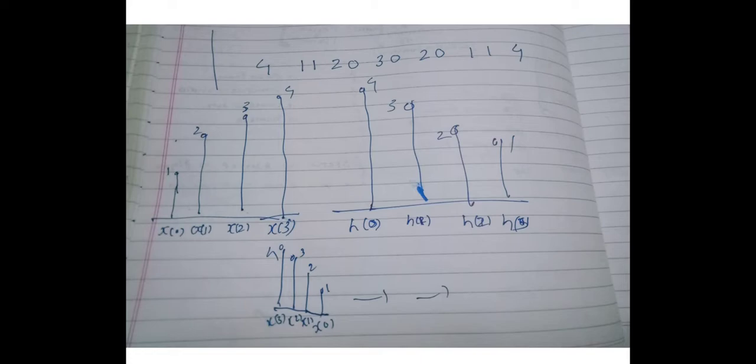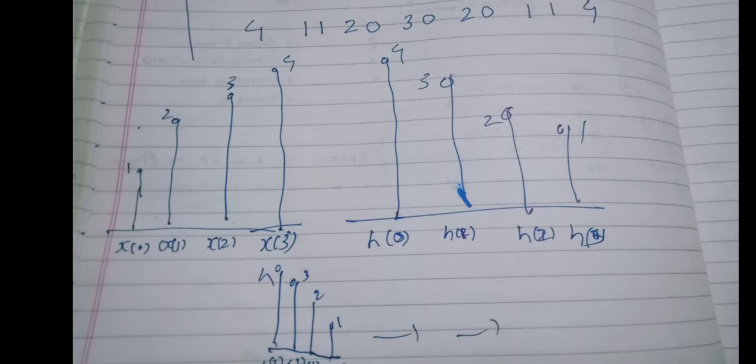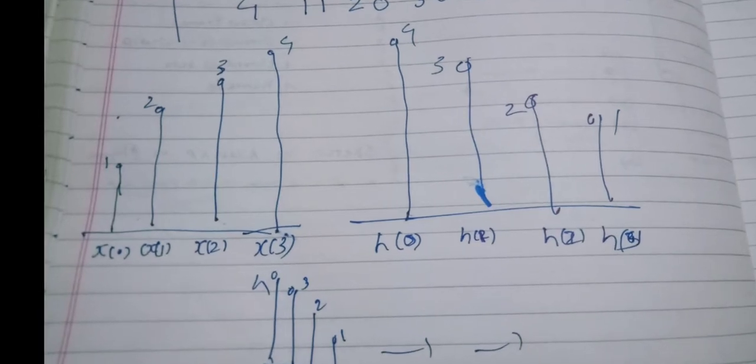This is the signal I have drawn: x of 0 is 1, x of 1 is 2, x of 2 is 3, x of 3 is 4. Similarly, h of 0 is 4, h of 1 is 3, h of 2 is 2, and h of 3 is 1.